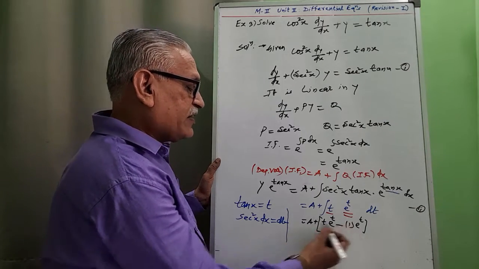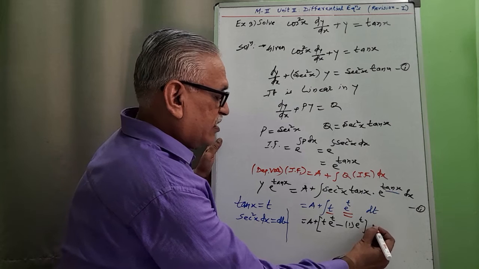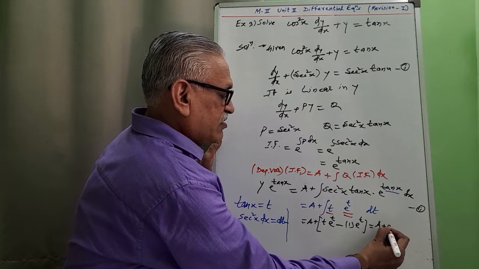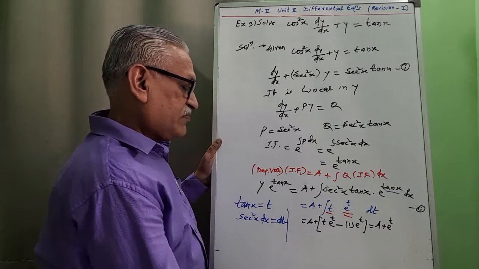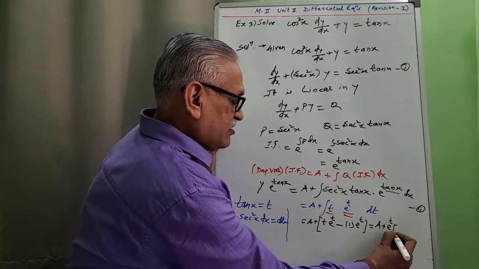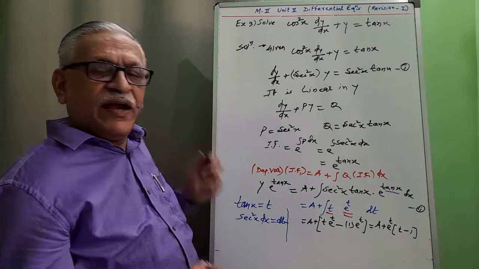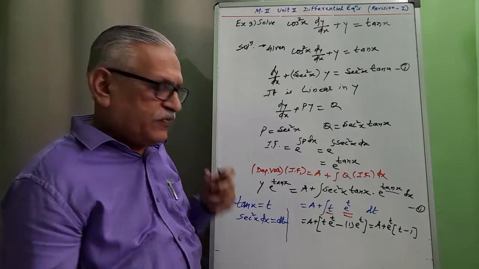From these two terms I can take e raised to t common, and therefore it is a plus e raised to t, remaining terms are t minus 1, and then finally substitute the value of t.